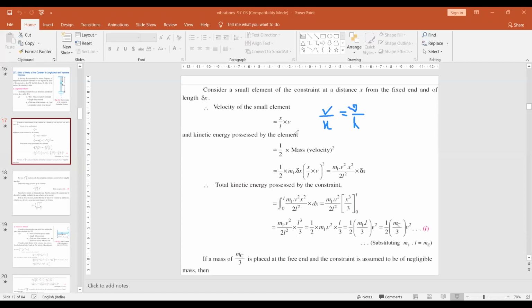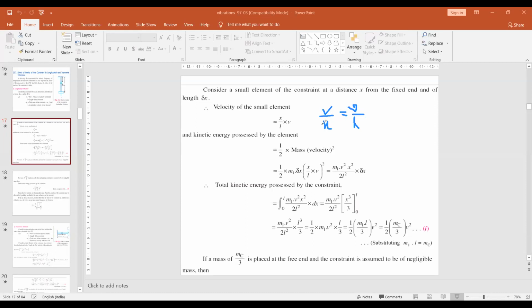The particle velocity nearer to the fixed end is less, and the one farther from the fixed end has more velocity compared with the nearer elements. So the velocity of the small element is capital V, its distance is small x, and the velocity at the end of the shaft is small v, and its length is l.